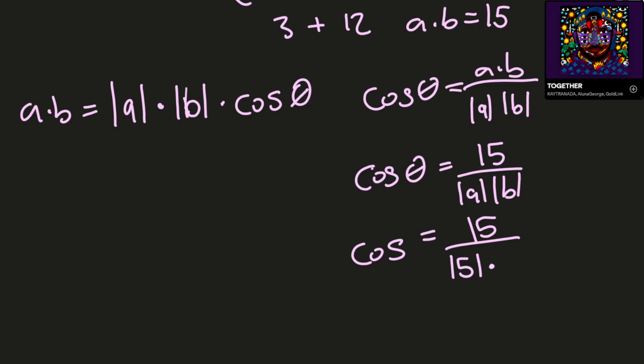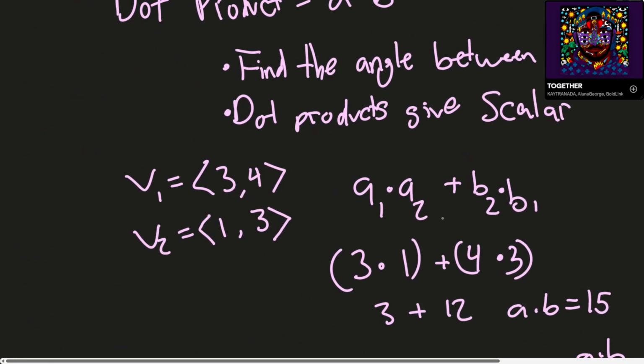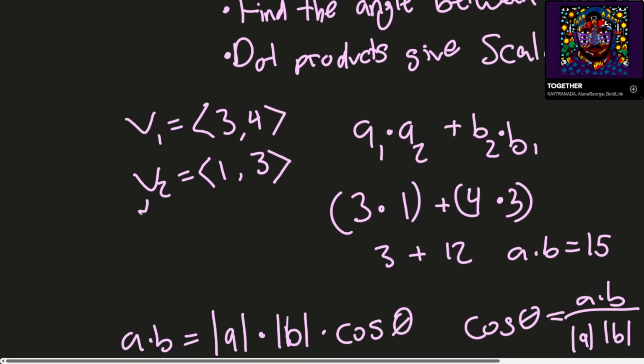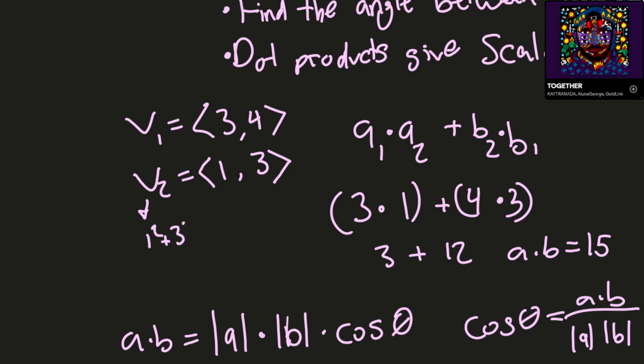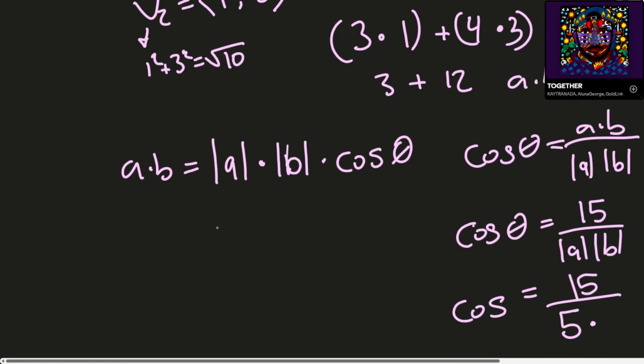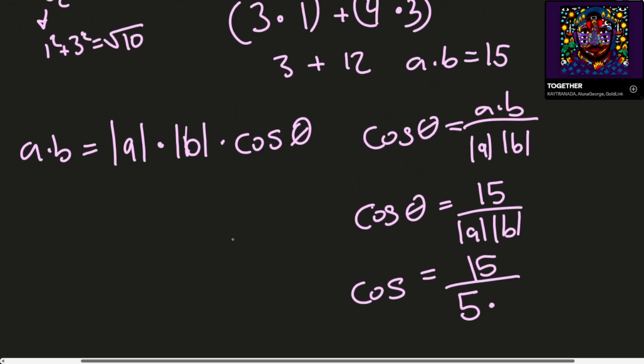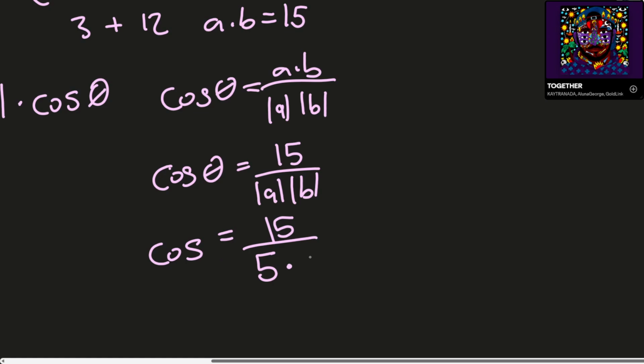So we'd have 5 times magnitude of b. B here is this one. And we can do 1 squared plus 3 squared, and we take the radical of that answer, which is 1 plus 9, which is 10. And we take the radical of that, which is rad 10.